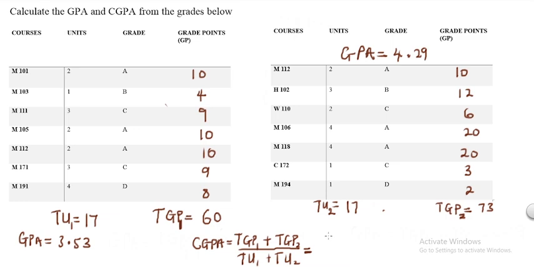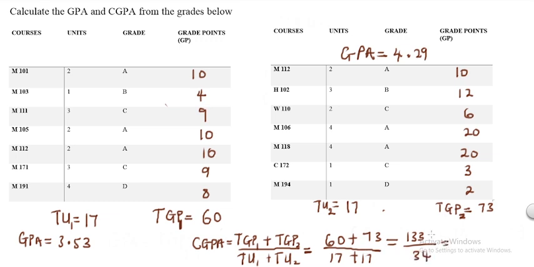Now the CGPA across all the semesters is equal to total grade points here plus total grade points here. Total grade points for the first semester is 60 plus total grade points for the second semester is 73, and then divided by total units for the first semester is 17 plus total units for this semester is still 17. So if we do that, 60 plus 73 is equal to 133, divided by 17 plus 17 is 34.